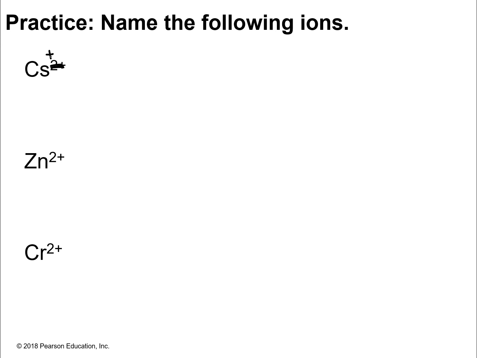How we doing? What did we get for the first one? So this first one, cesium, it is not a transition metal.